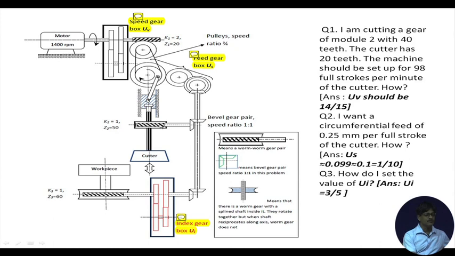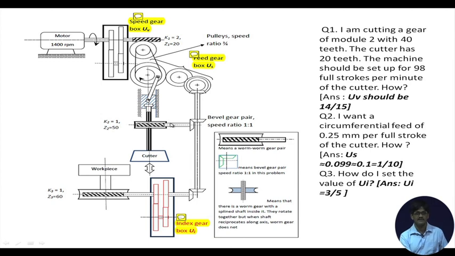So, if a worm rotates 50 times, it makes the worm gear rotate once. So, here if the worm gear is rotating once, we come up with the idea that the worm is rotating 50 times. When we move backwards through machine elements, we take their reverse speed ratios. When we are moving forward from worm to worm gear, we get 1 by 50, and here we will get 50 by 1 when we are moving backwards.